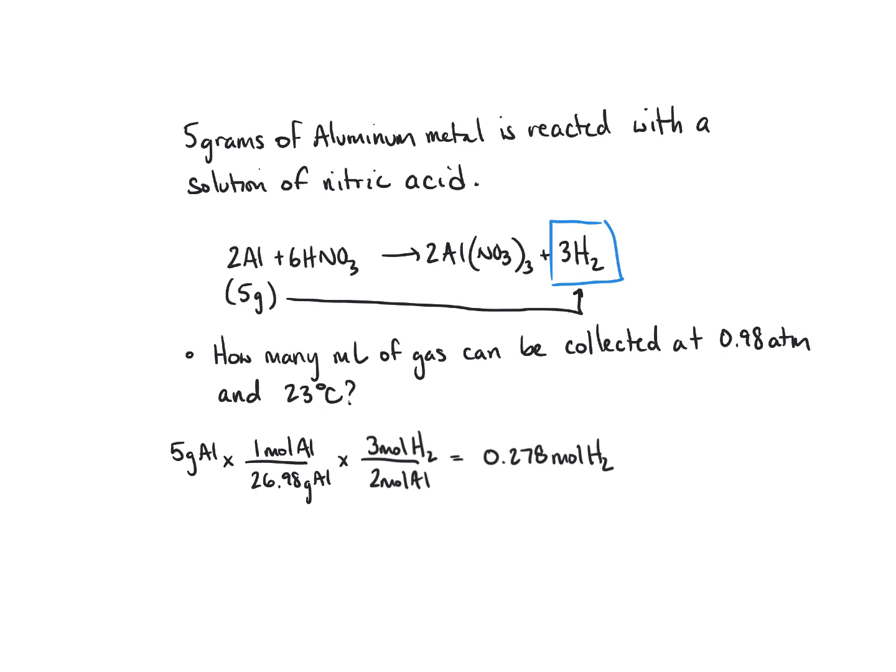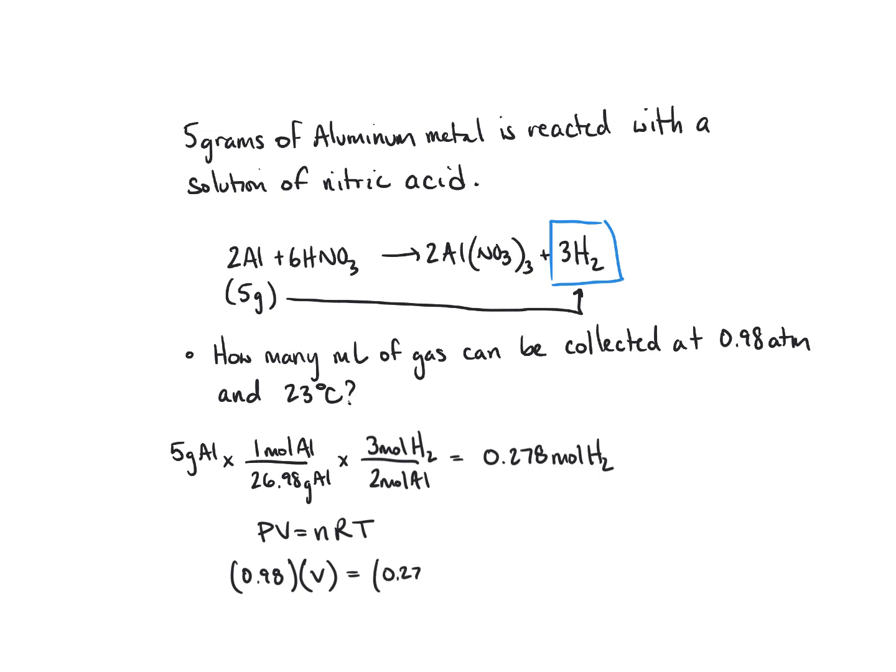Now all we need to do with that is convert that into liters by using our wonderful equation of PV equals nRT. So our pressure is 0.98 according to the question. Our volume we're looking for. Our moles is exactly that, our moles of gas. I don't want to know moles of aluminum nitrate. I don't want to know moles of nitric acid. I want to know the moles of the gas, and in this case, it's H2.